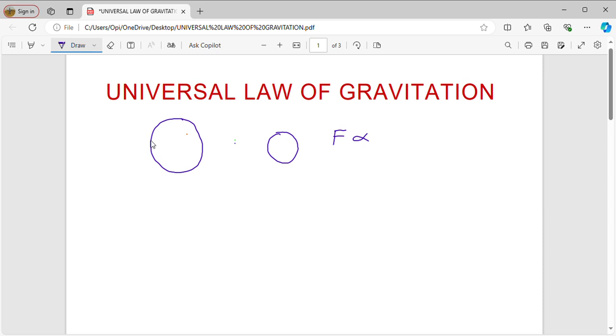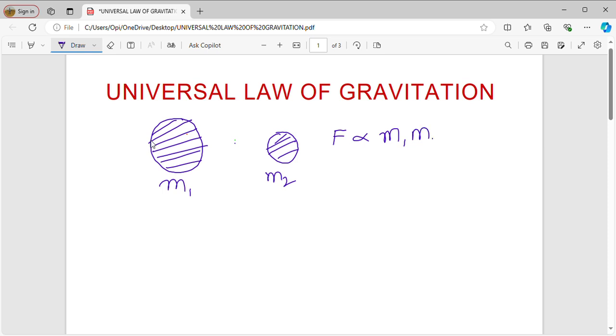For the sake of understanding, let's consider the mass of the first object as m1 and the mass of the second object as m2. So according to the statement, the force between them is proportional to the product of their masses, that is, m1 into m2.